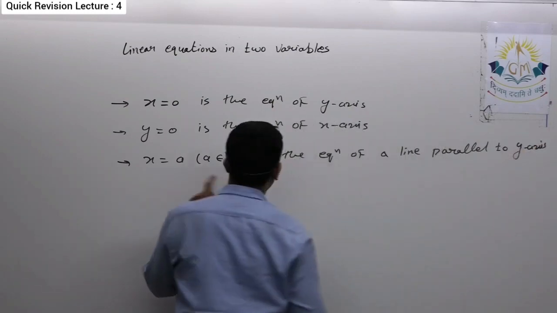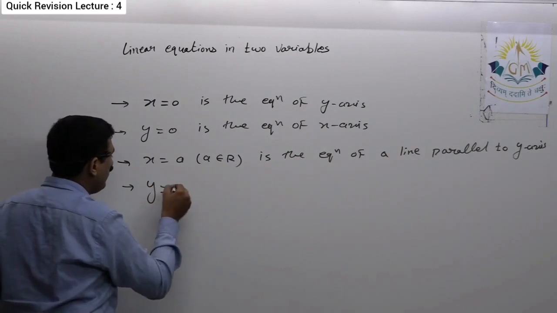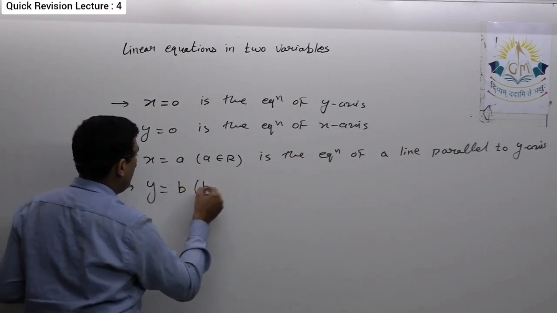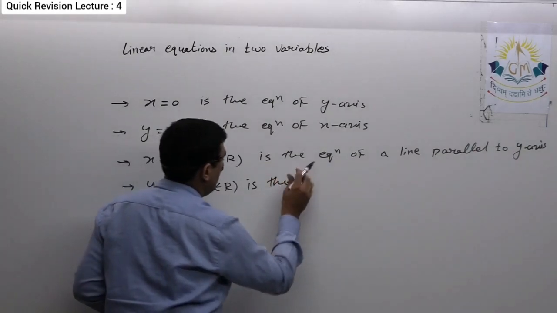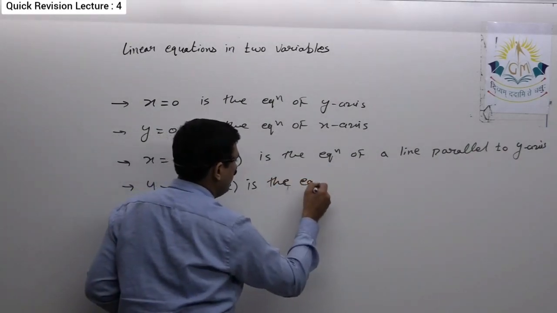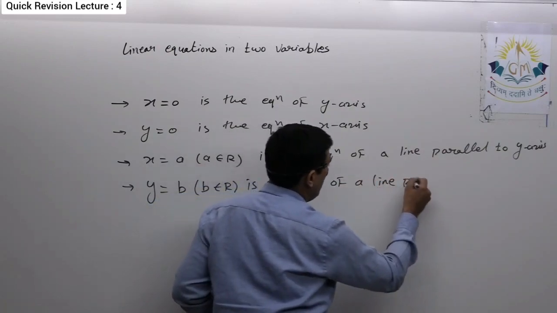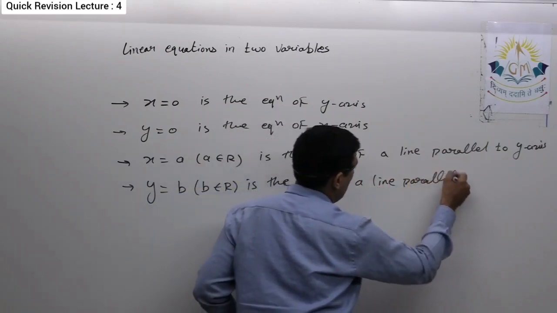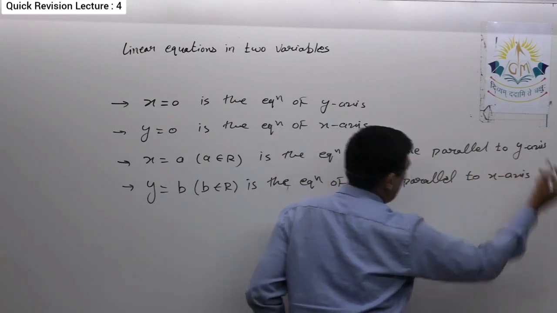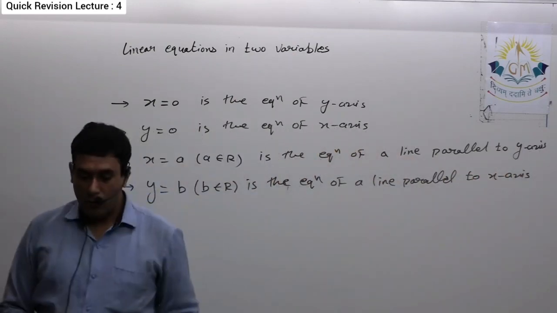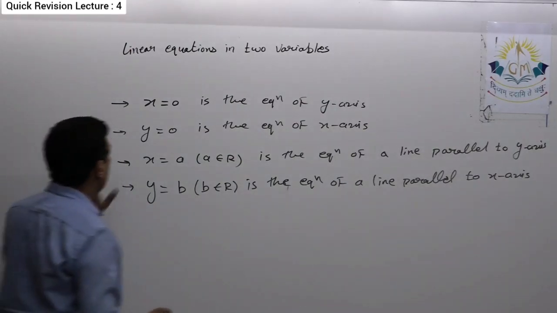Okay, x equal to something means parallel to the y-axis. Similarly, y equal to b, or a, whatever I write doesn't matter, belongs to R, is the equation of a line parallel to the x-axis. Okay, so these are the equations, and the graph you know how to draw.